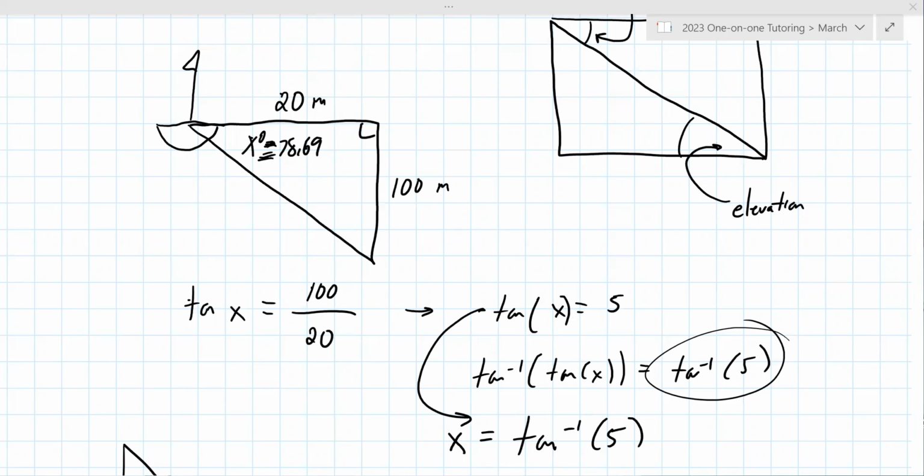Let me retype this. 78.6 plus 90, 168. 11.31. Yes, that sounds better.